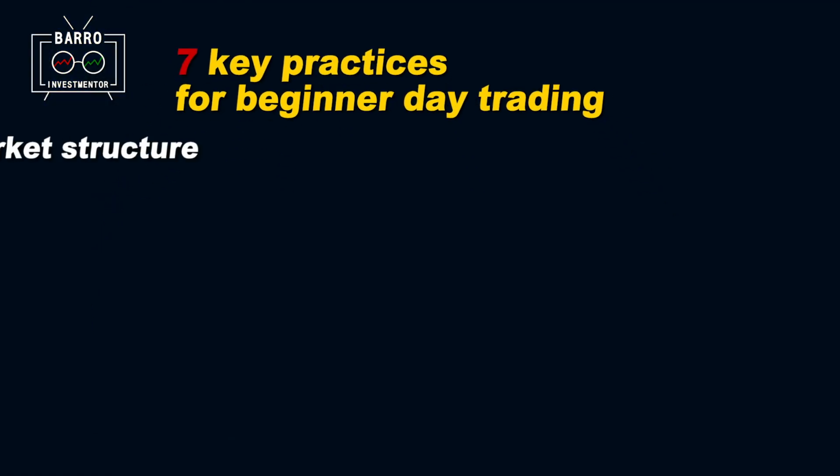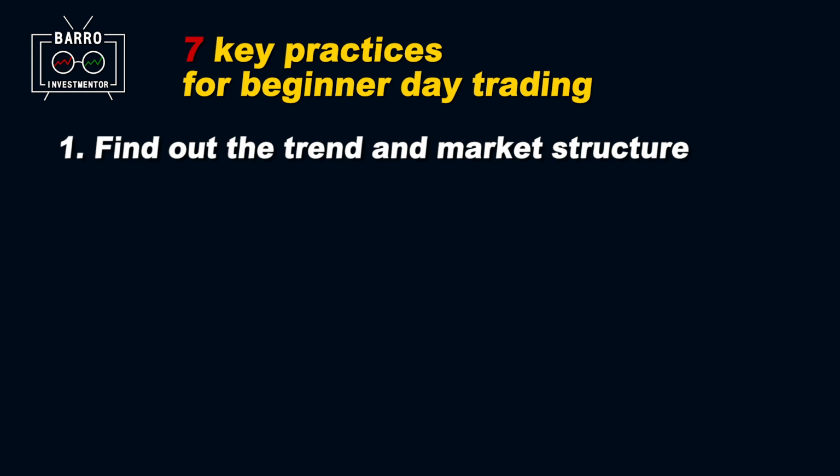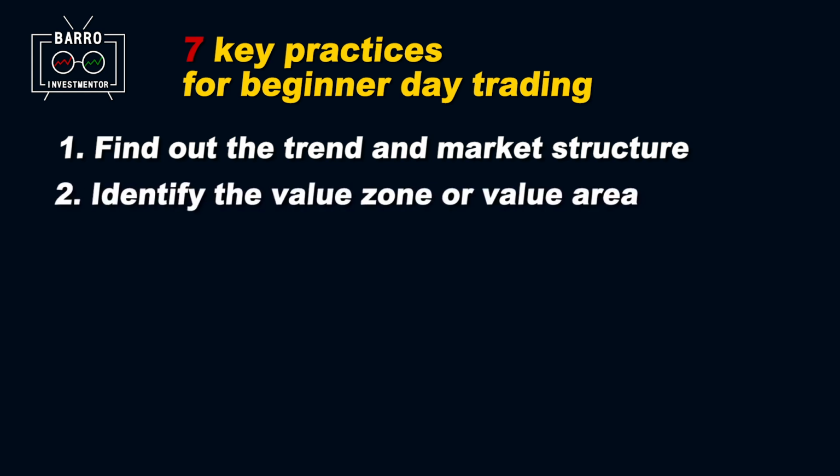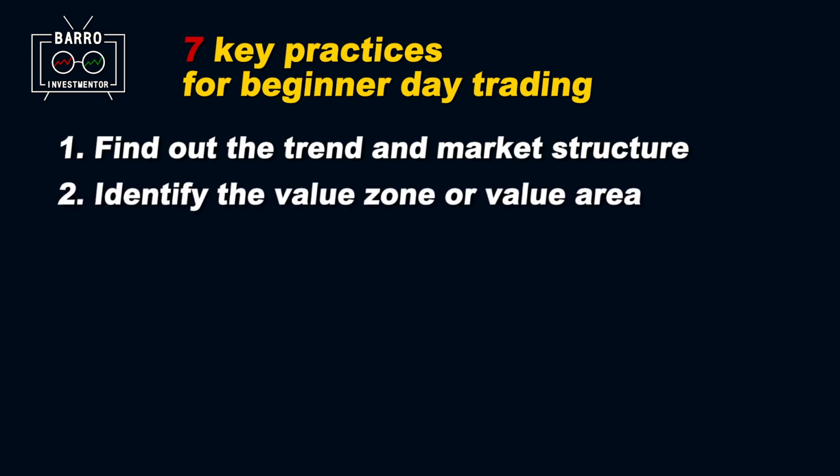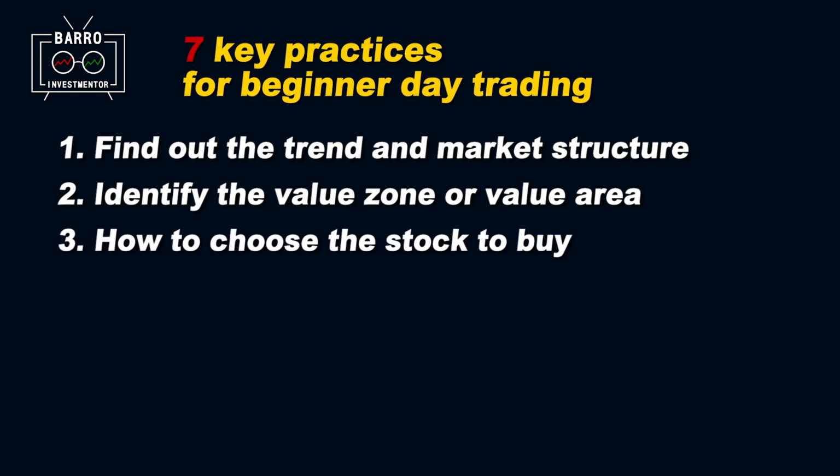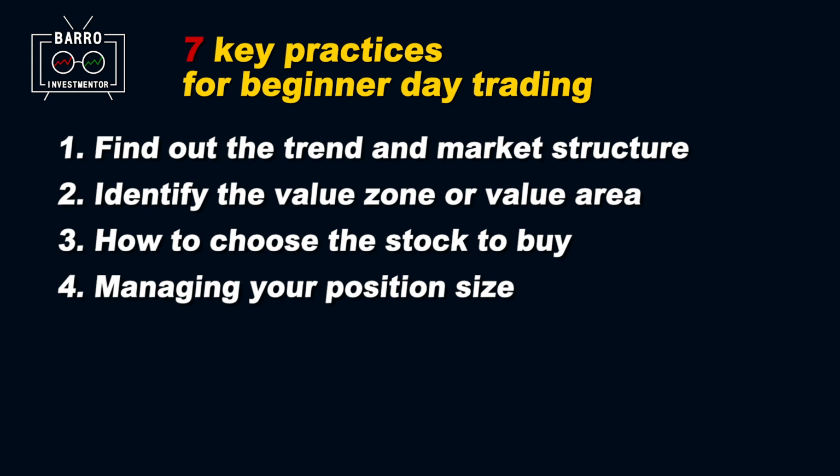So let's have a recap here. The first is to find out the trend and market structure, and the second is to find out the value zone or value area. The third is how to choose a stock to buy and focus on. The fourth is to manage your position size for better asset allocation and risk management.